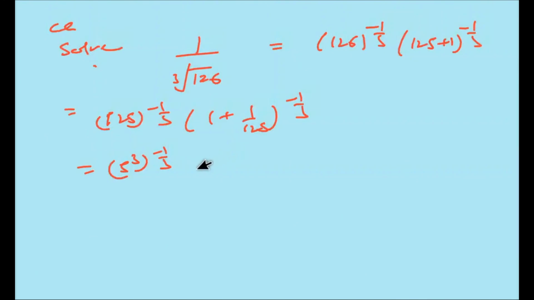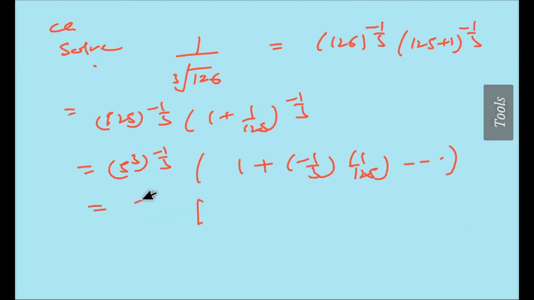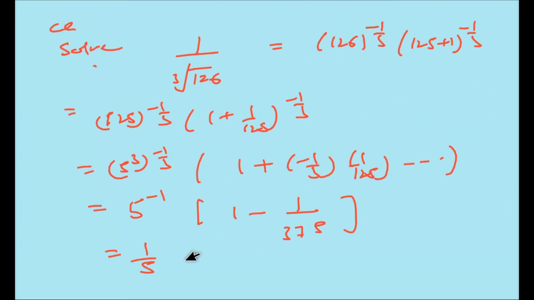Okay, so we can write 1 plus nx, and leaving the higher powers, so 5 to the power minus 1, and we can solve this one. 1 minus 1 upon... okay, then after solving this, 1 by 5, and now you can solve further and you can get the value.